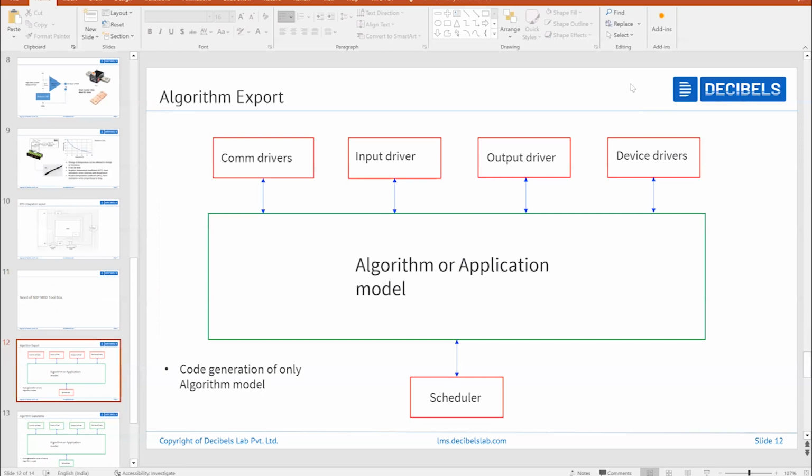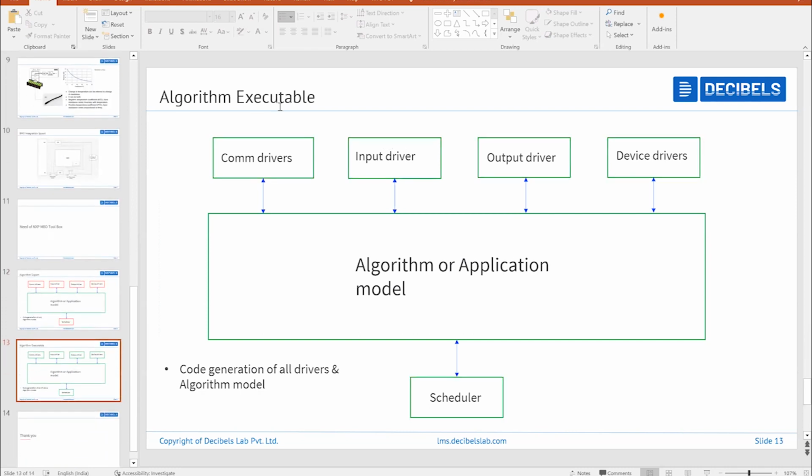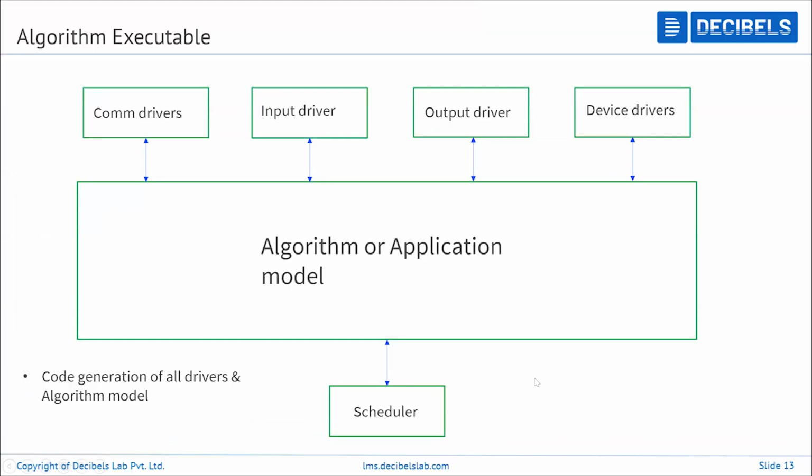When we talk about code generation, there are some approaches we can follow. If you have the base software support from your hardware developers, then you can directly go for the algorithm executable approach.